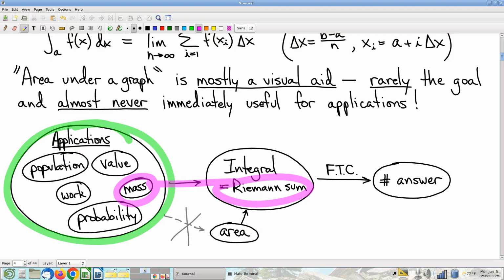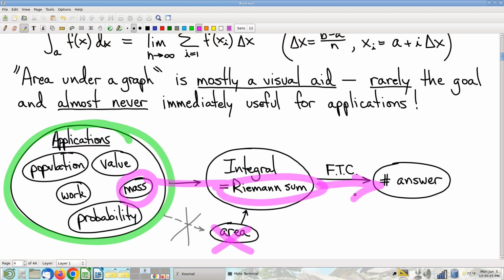Okay, so once you've made the connection that mass is a Riemann sum, you don't really need area. Why go to the trouble of reinterpreting that Riemann sum in terms of area under the curve when it's not necessary? Riemann sums, aka integrals, you can compute directly.